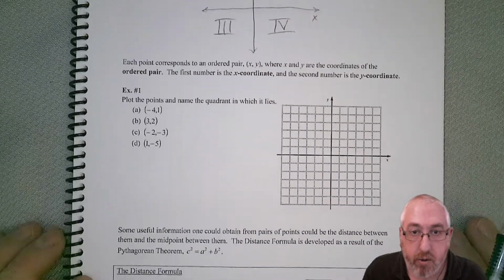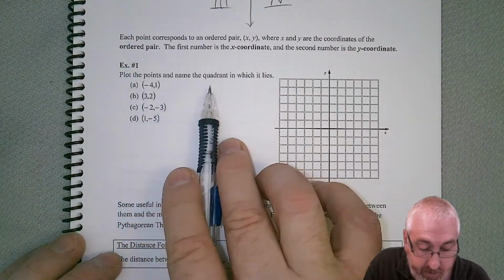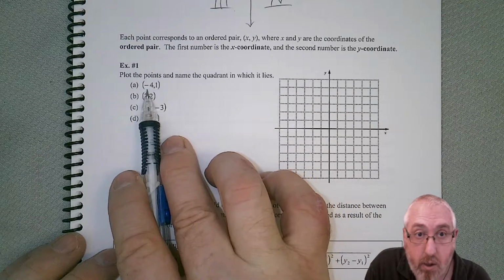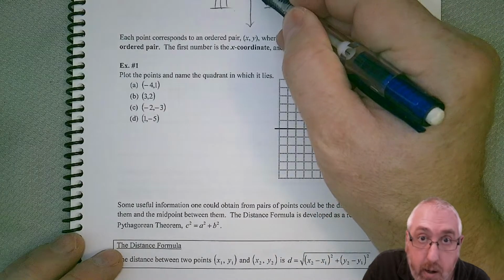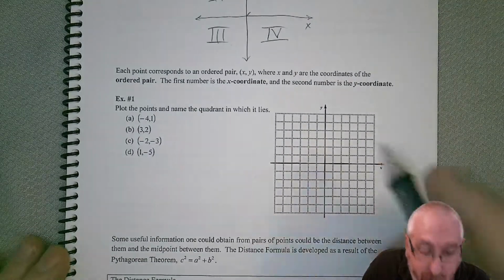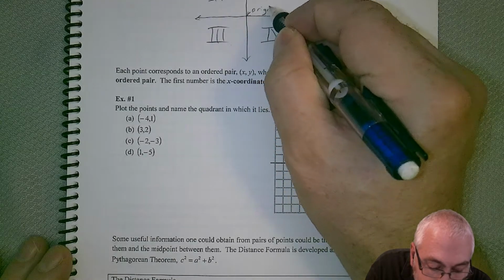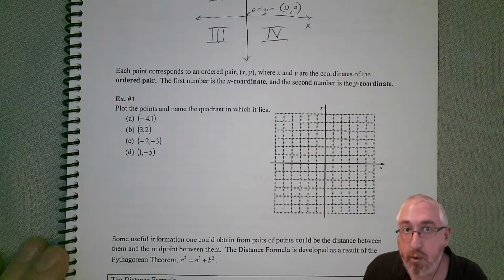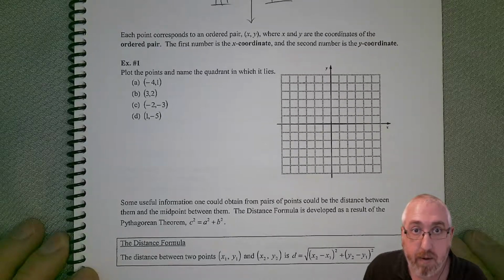So now if we wanted to do this quick example, we just want to plot them and name the quadrant that they lie in. So -4, 1. If we start at the origin, which I should have set up here, right here is the origin, and that would be the ordered pair 0, 0. So that's always your starting point. That's where all of your values should be based off of.